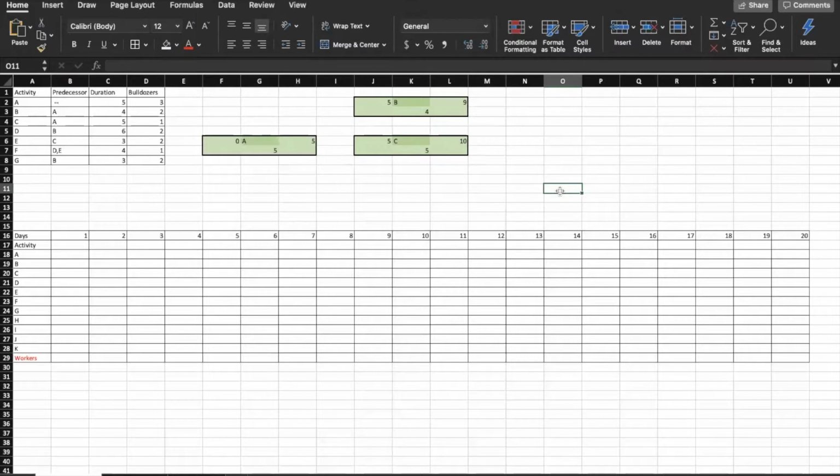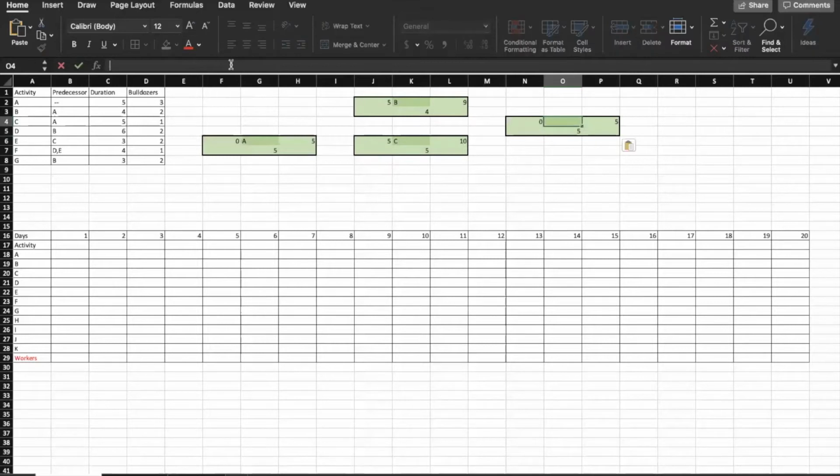The next cell we have is D, and its predecessor is B, so I'll put it right next to B. And D can start as early as B's finish, which is the 9th. D takes 6 days, so that means that D can be finished on the 15th.